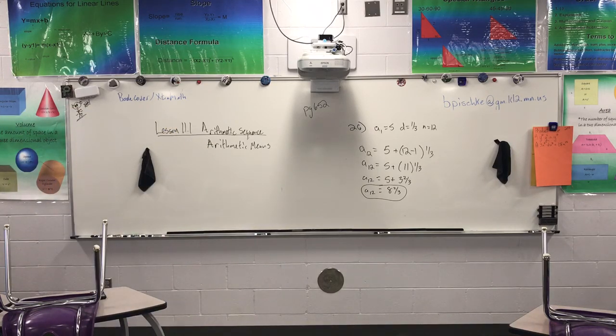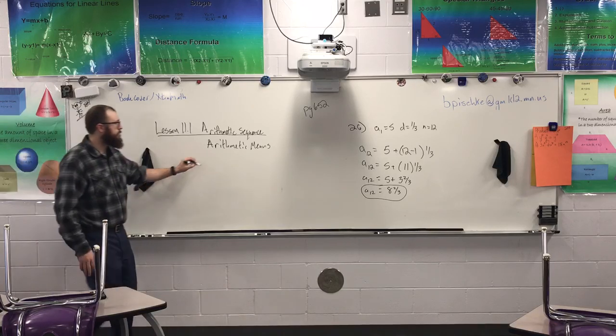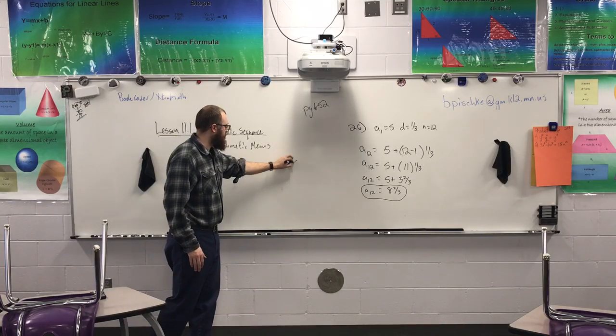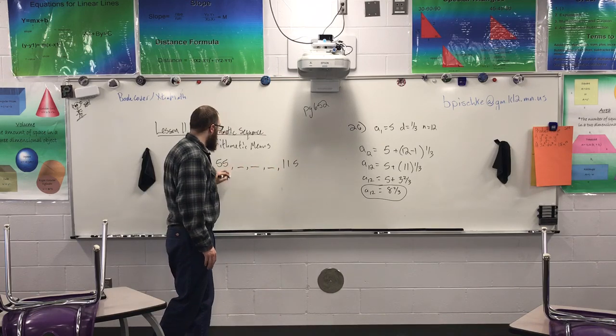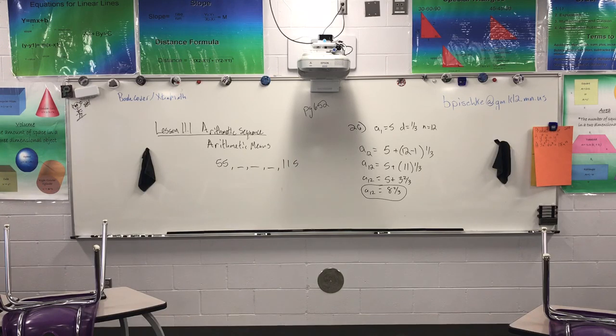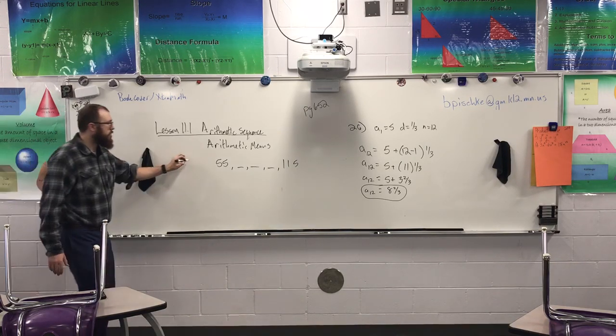So if I had 55 and then 3 gaps and then 115, many of you will be able to piece together what this pattern is going to be already. This is problem 37 from your homework, by the way.